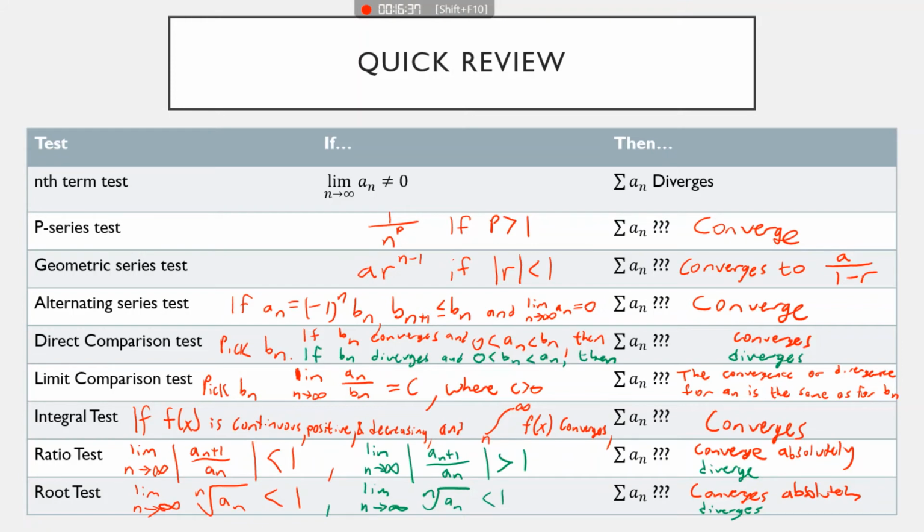Let me give you an example. So if I took the limit as n approaches 0 of a n.